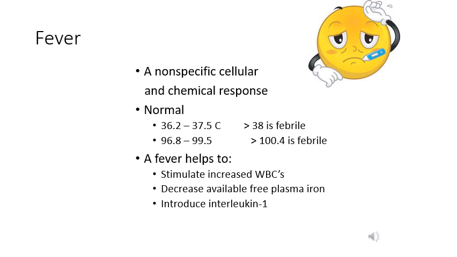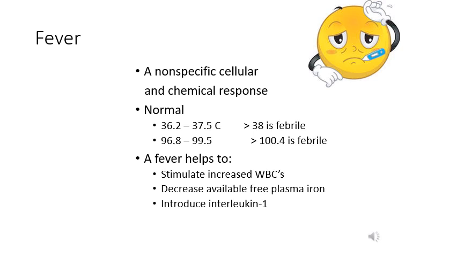So a fever helps by stimulating white blood cells to destroy invaders or limit the growth. It, of course, decreases the available free plasma iron. And what this does is it decreases the iron in the blood, which then slows the reproduction of the pathogens.